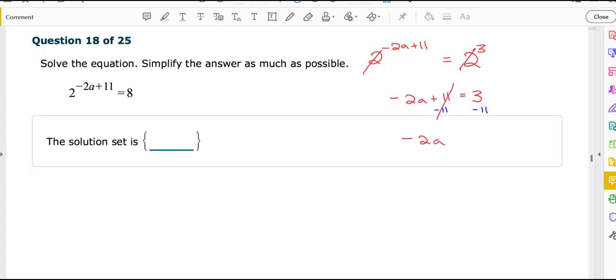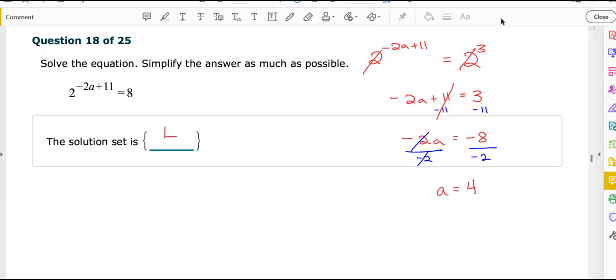Dividing both sides by negative 2, I get a equals negative 8 divided by negative 2 is 4. The solution set is the set containing the number 4.